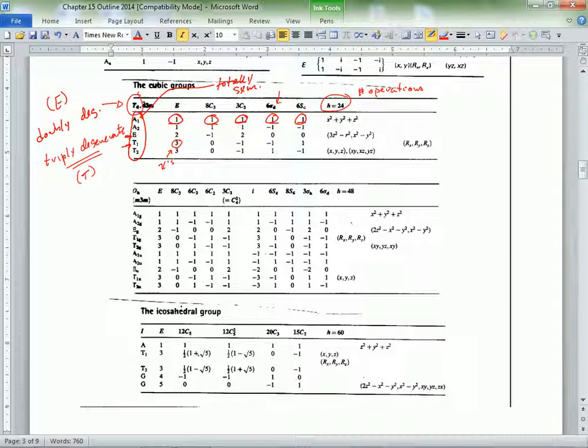But it's not. There's actually how many operations? 24. So if you add up all those ones, you actually get 24. So just remember that, because we're going to need that idea coming up later.